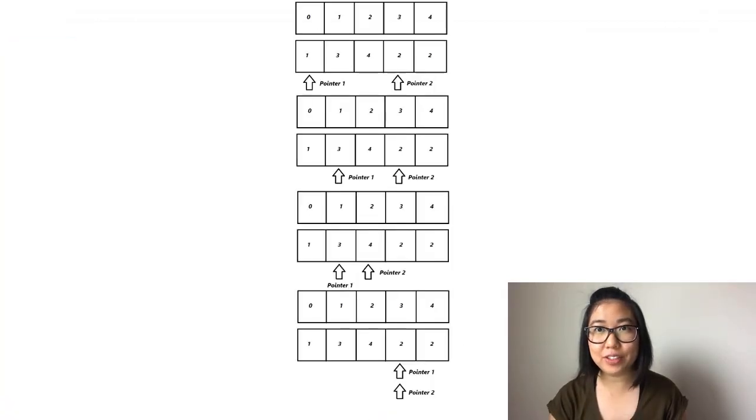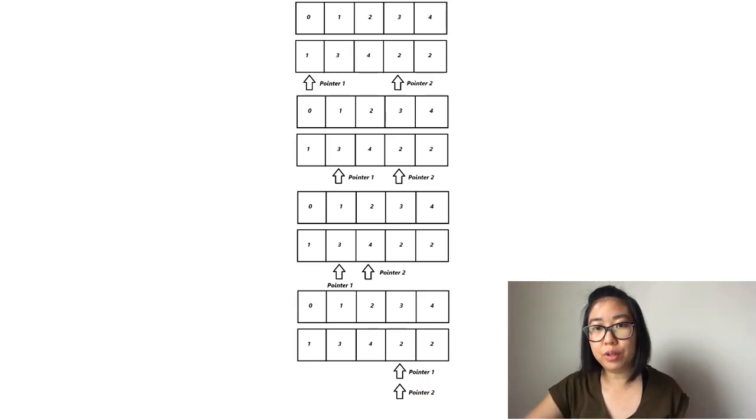Now that we have found the intersection point between the tortoise and the hare, we need to find the entry point to our cycle, which will give us our duplicate number. To find the entrance point of the cycle, we need to have 2 pointers. The first pointer, pointer 1, will point to the number at index 0, and the second pointer, pointer 2, will point to the number at the index of the tortoise. And then each pointer will go forward once.